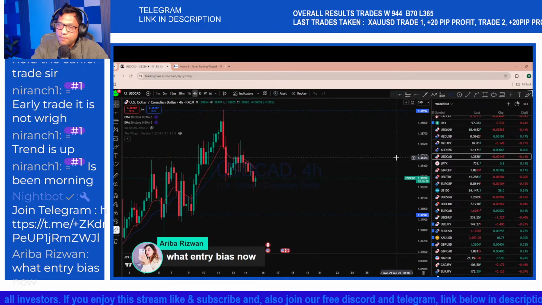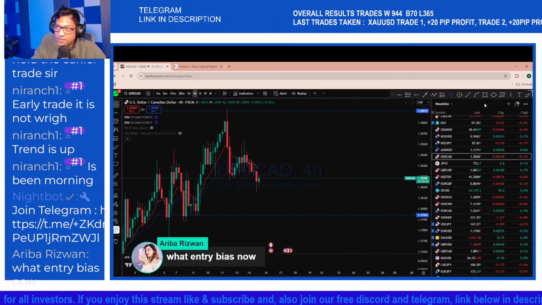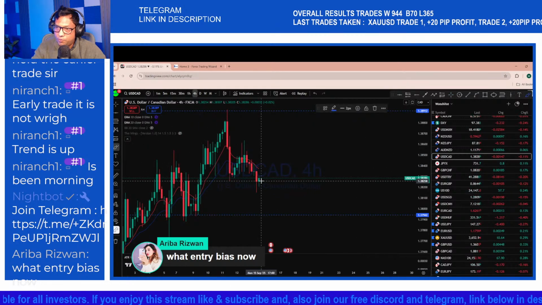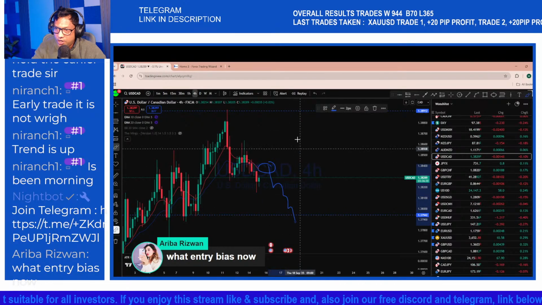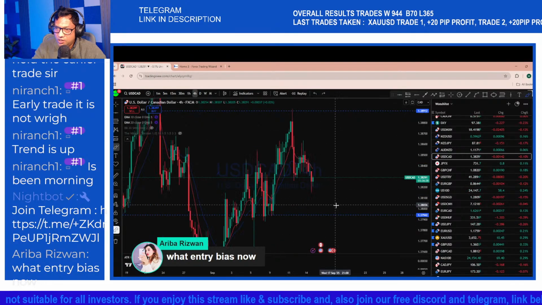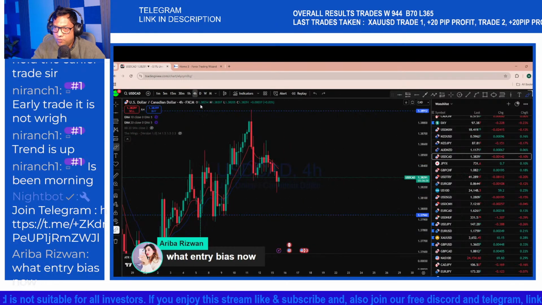So dollar CAD is potentially bearish. What I think is that this market is possibly going to cross that high here and then trend down to create a new lower low.